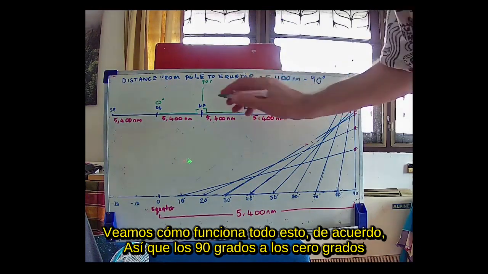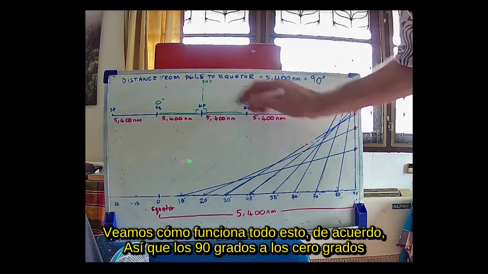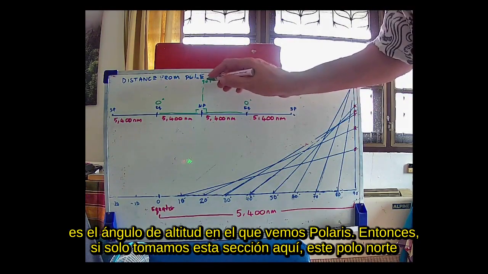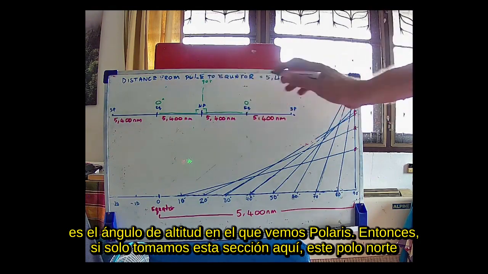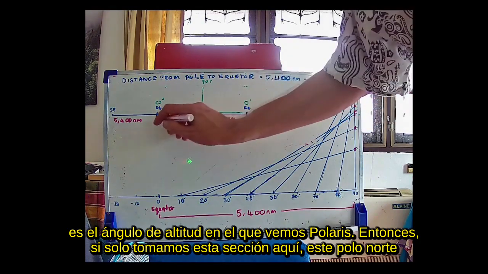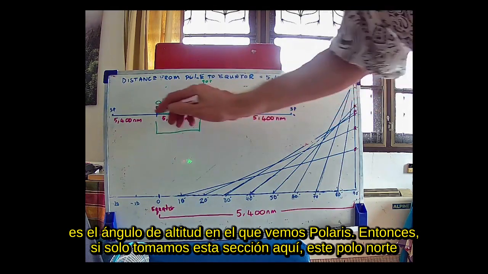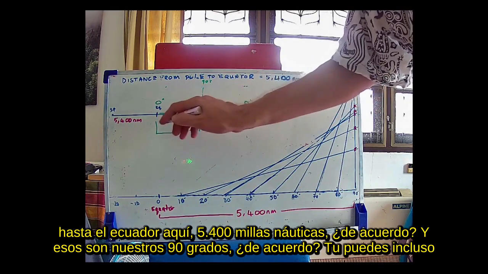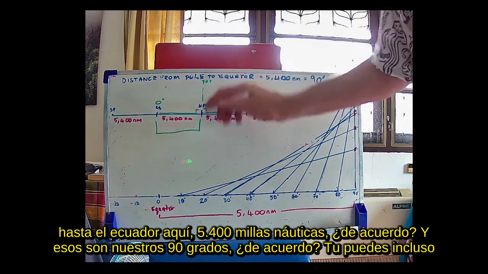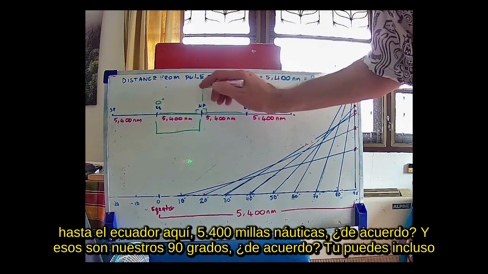Let's see how this all works. So the 90 degrees to the 0 degrees is the angle of altitude that we see Polaris. If we just take this section here, this North Pole to the equator, 5,400 nautical miles, that is our 90 degrees.